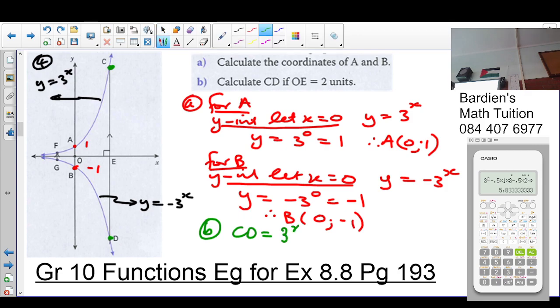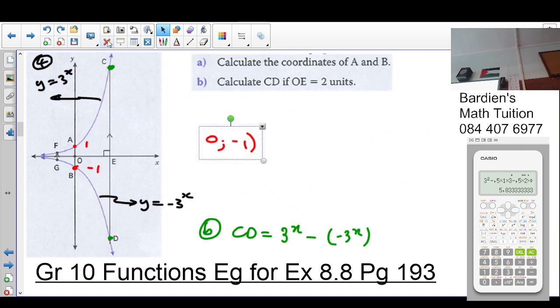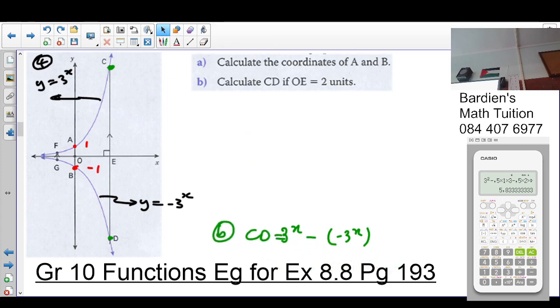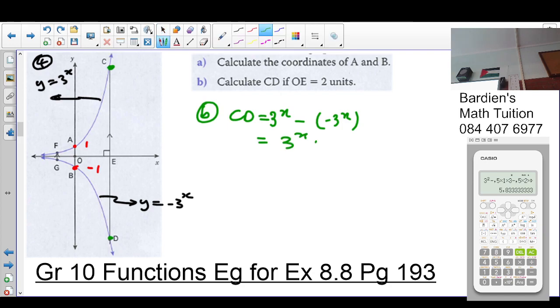So it's going to be 3 to the x minus negative 3 to the x, which now gives us 3 to the x plus 3 to the x, which is 2 times 3 to the x. That is what I said yesterday, the algebraic expression for the line CD.